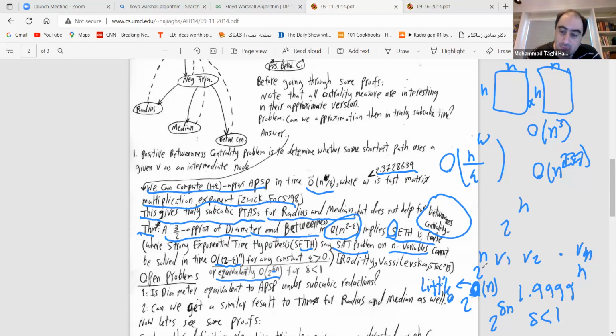You cannot do 2 minus epsilon. This one says maybe you can get a constant a little bit better than 2, but still it would be linear in n. Maybe 2 to the n over log n.